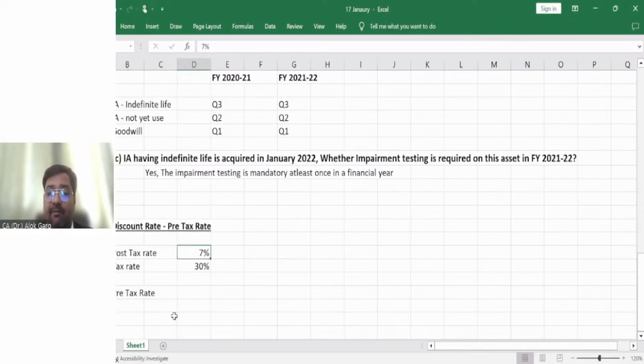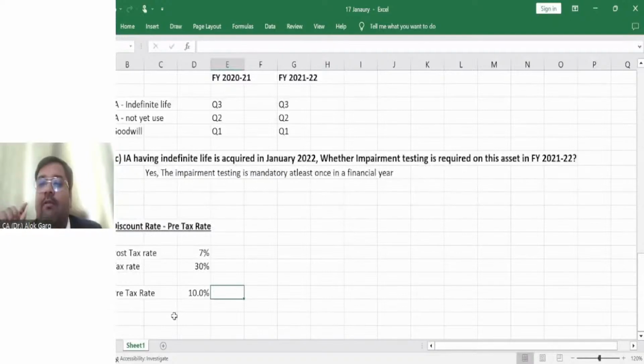the post-tax discount rate is 7% and the tax rate is 30%, it means this 7% is equivalent to 70%, right? So it will give you the pre-tax rate, which is coming at 10%. If tax is 30%, it means this 7 comes after deduction of 30%.